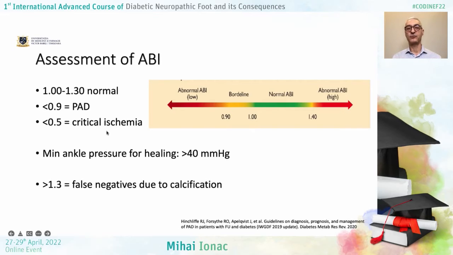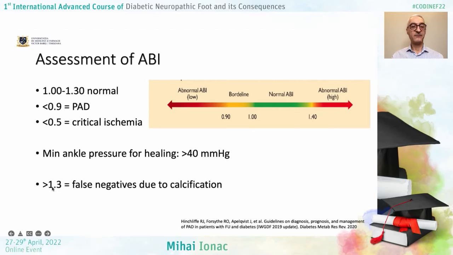That means we have to do more in terms of diagnosis in order to identify the severity of the peripheral arterial disease. What is also very important is that the minimal ankle pressure for healing an ulcer is 40 millimeters of mercury, as stated in the guidelines of the International Working Group on the Diabetic Foot, the last edition, 2019.